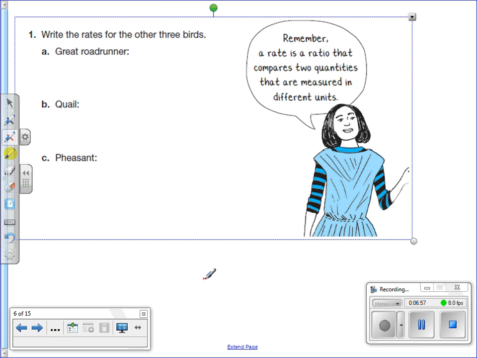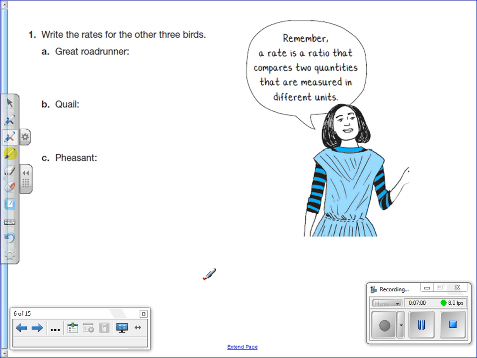If we go back up to the table, it says we want the rate of distance over time frame. So for that first one, we could say 300 yards per 30 seconds, which written as a fraction looks like this.